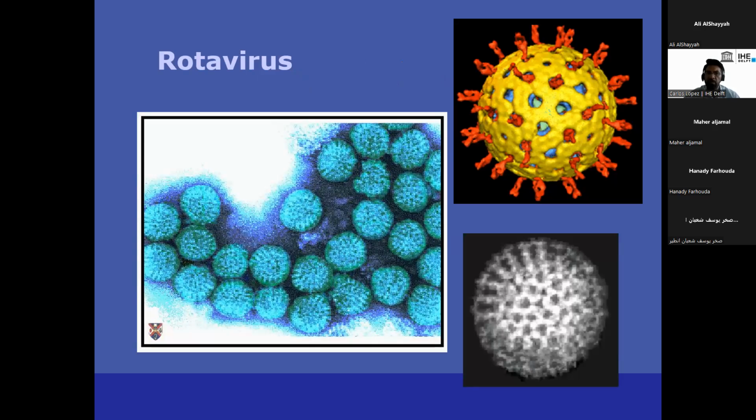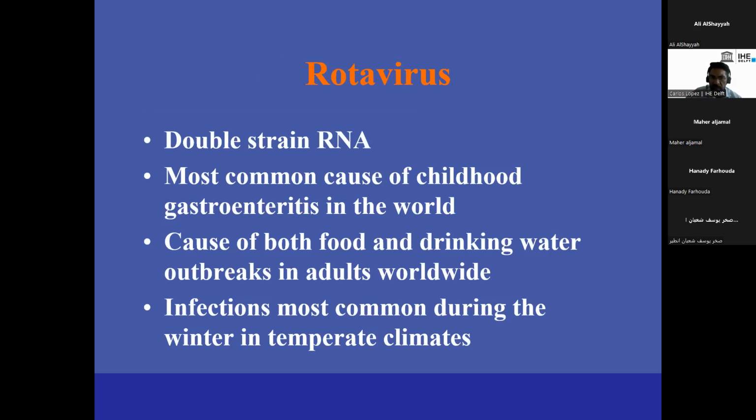This is a rotavirus. Rotaviruses have a double-stranded RNA. They are a very common cause of infection in kids, in particular causing gastroenteritis. They can be easily transmitted via the consumption of drinking water that has not been properly disinfected or food that has not been well cleaned and washed.